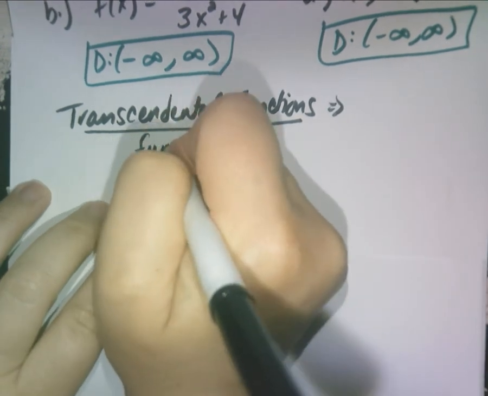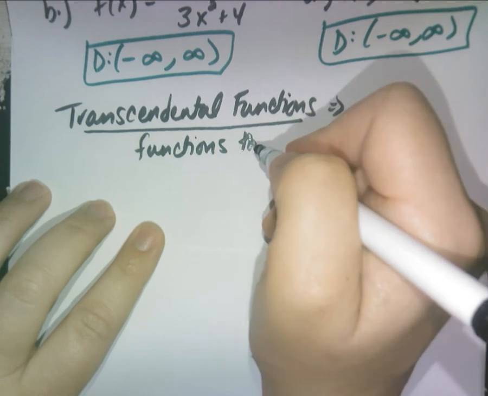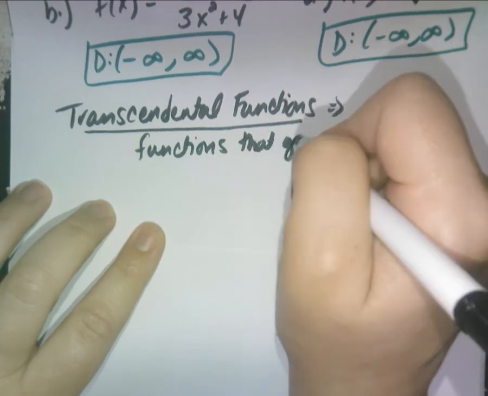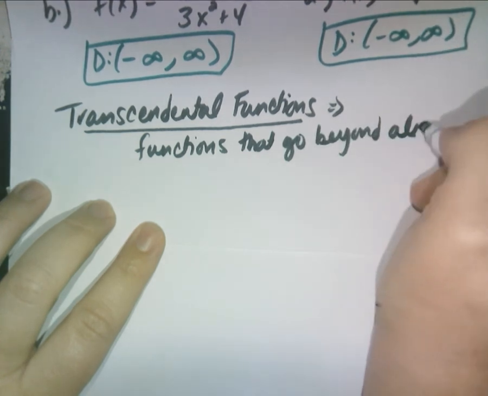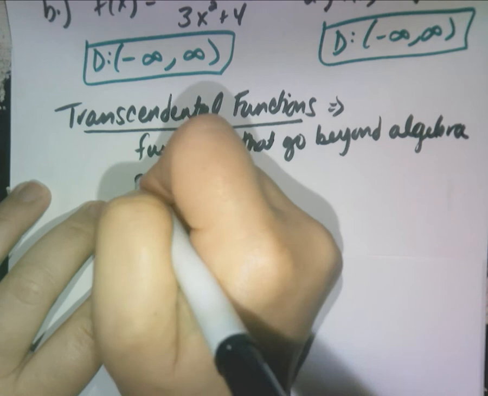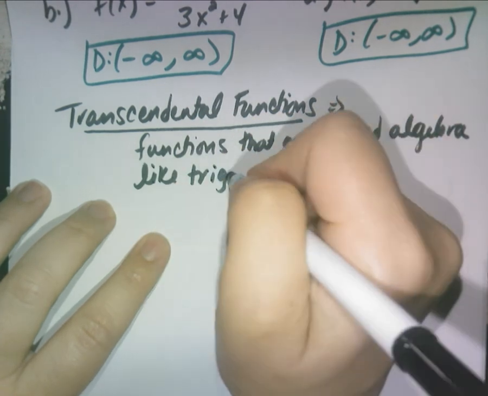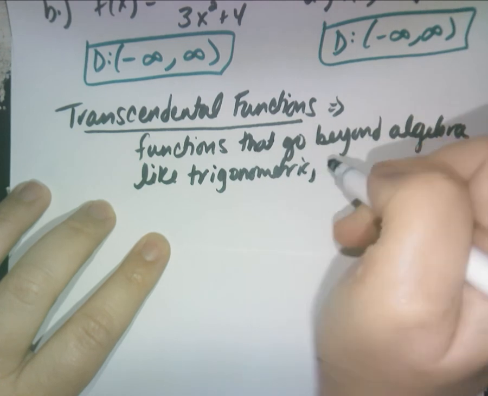I don't know what transcendental means, but here's what it is. It's nothing crazy. They are functions that go beyond the scope of algebra, which I think is hysterical, like trigonometric. We do those. Exponential.